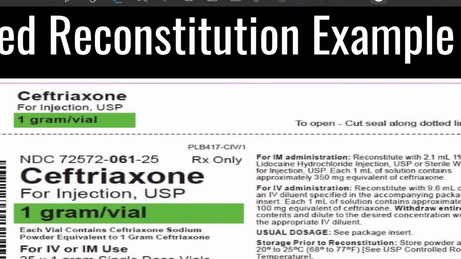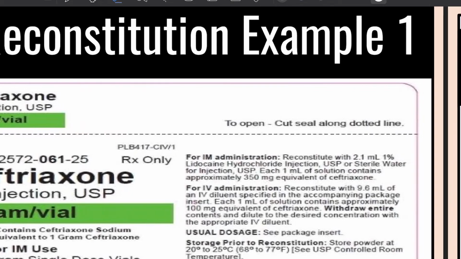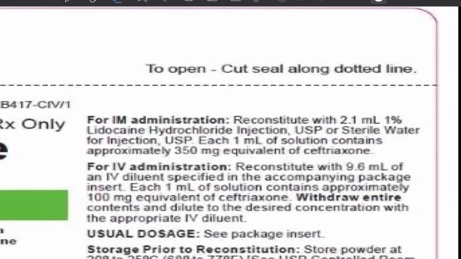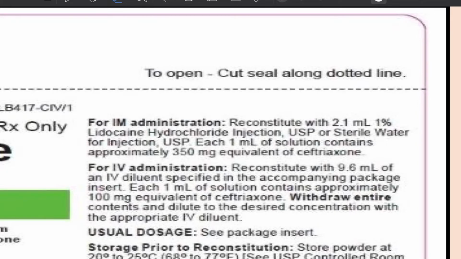If we look where we find our directions on our medication labels, we see here directions for IM administration and IV administration. We're going to look at the IM administration for this. If you look where it says IV, it tells you to read your package insert. So just read your label. If it does tell you IM and IV administration, read your question and see what it's asking you for.